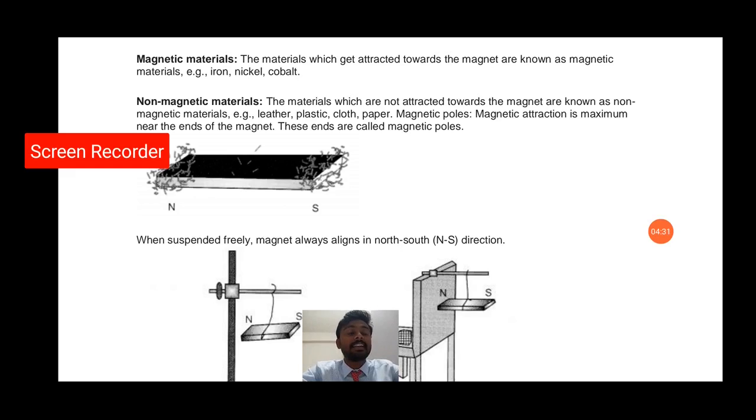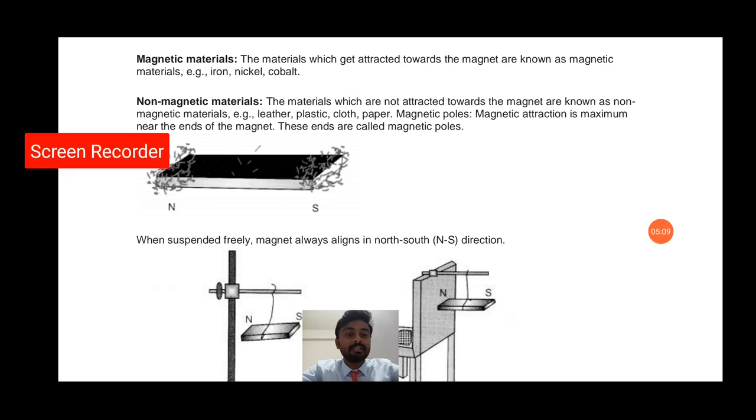The materials which get attracted towards the magnet are known as magnetic materials. For example, iron, nickel, cobalt. In your syllabus, it is asked in 2 marks or 1 mark questions: define magnetic materials. The materials which get attracted towards the magnet are known as magnetic materials.